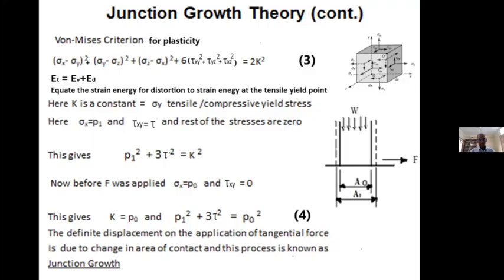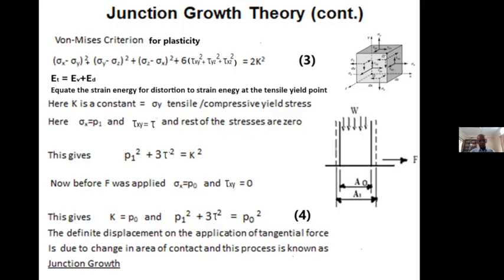Now, if we consider how we come to this equation 3, it is very simple. We consider that the total strain energy at a point on an element is ET equal to EV plus ED. EV is the strain energy for the volume change, and ED is the strain energy for distortion.